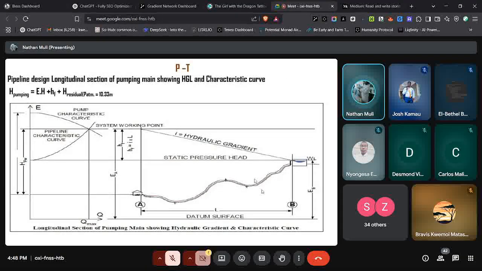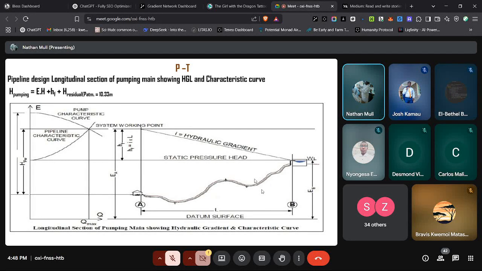Now, these are some of the things that you come across when you are pumping water and you'd like to transmit power through the systems. Sometimes when you are pumping water, we have to account for the hydraulic gradient and the hydrostatic water pressure head and all that.